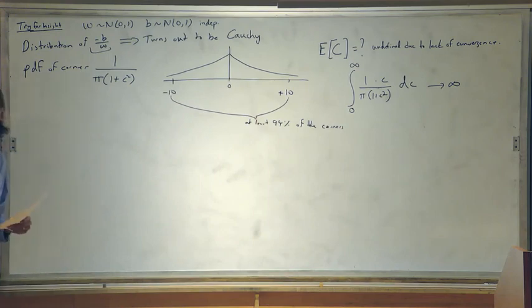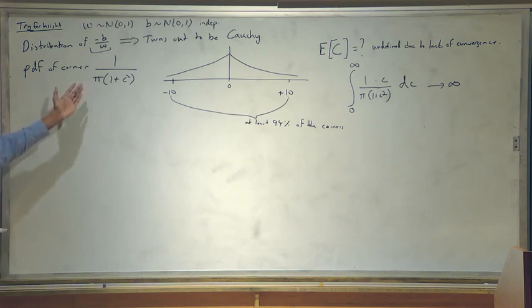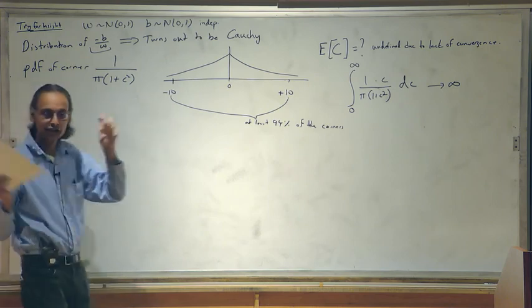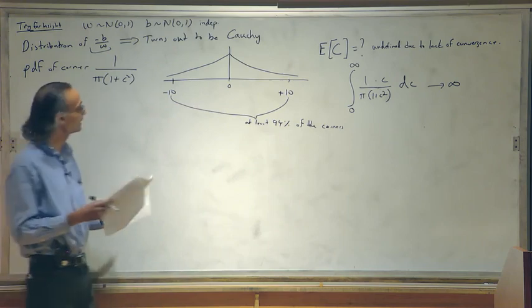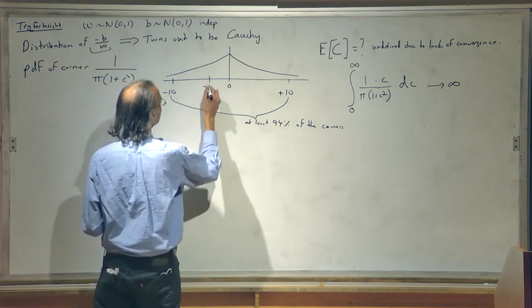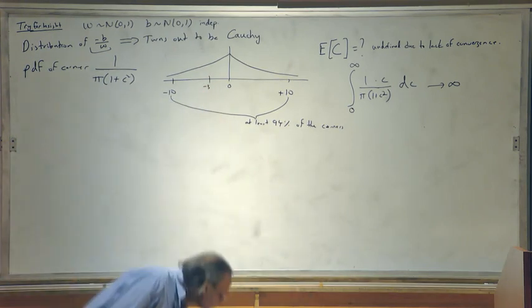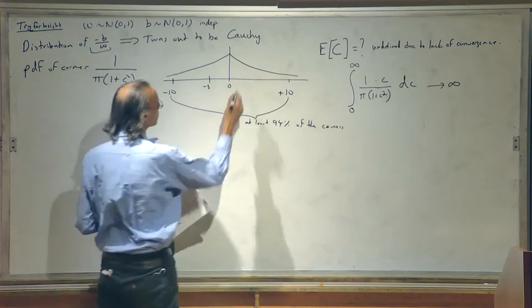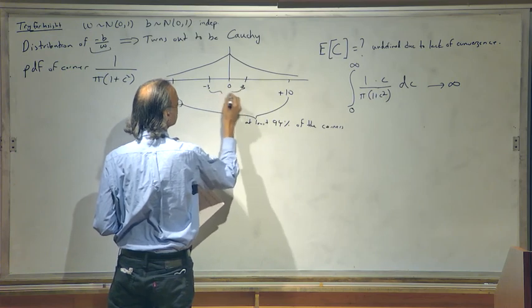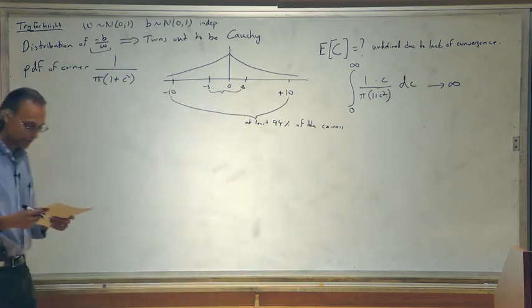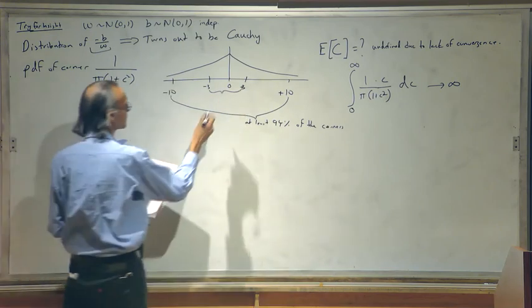So although this thing has a diverging expectation, the action, the corners, is going to be between minus 10 and 10. You could pull in much closer and look at minus 3 to 3, just as a way to get some intuition. And between minus 3 and 3, this has 80%.